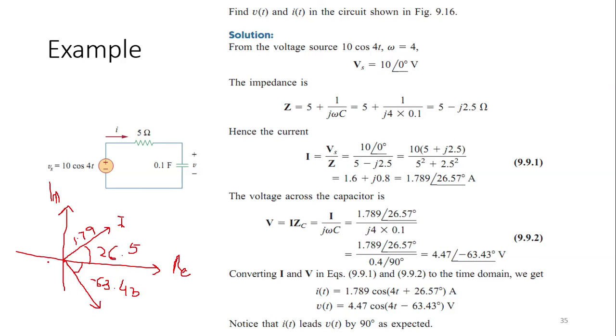Right, and its magnitude would be 4.47. So the angle between voltage and current is 90 degrees, where voltage is lagging behind the current by 90 degrees. Or conversely, we can say the current is leading the voltage by 90 degrees as mentioned here. So in this way, we can simply draw the phasor diagrams if asked in any of the questions.